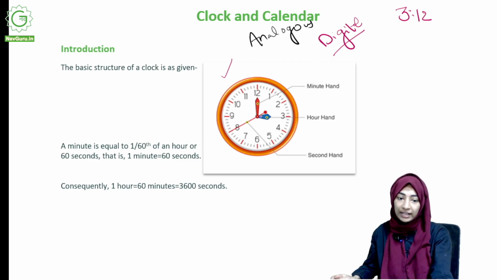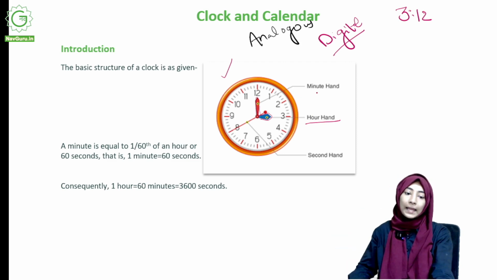This is the basic structure of a clock. You usually have a smaller hand, as you can see, this blue one, and a larger hand, right? The smaller hand is the hour hand, and the longer hand is the minute hand.